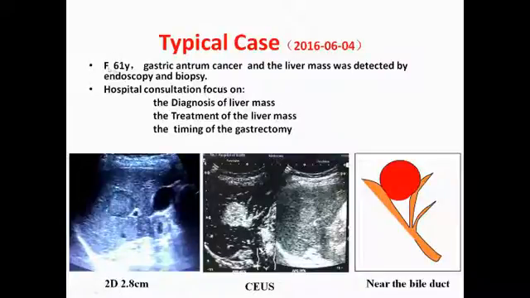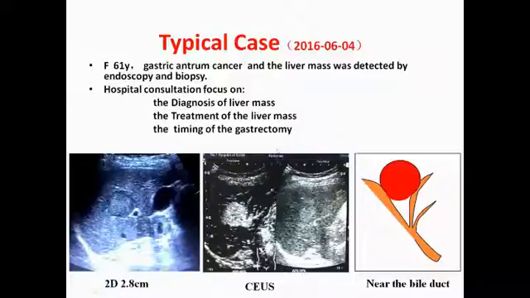This is a female patient, 61 years old. She had gastrointestinal cancer with a liver metastasis, the size about 2.8. So the hospital held a big consultation, focused on the diagnosis of the liver mass, the treatment of the liver mass, and the timing of the gastrectomy.